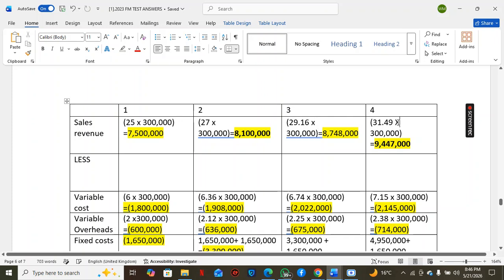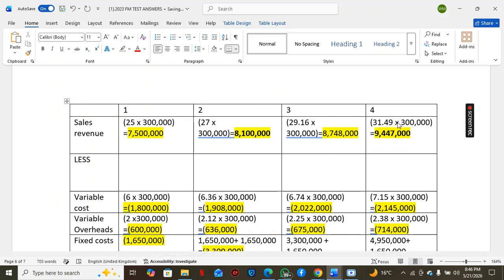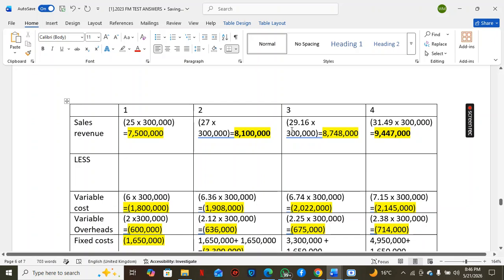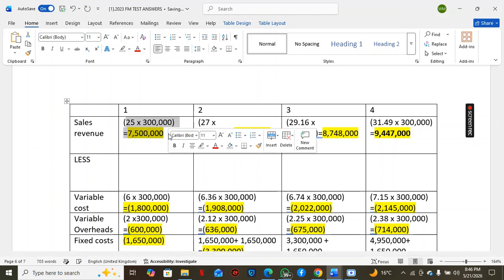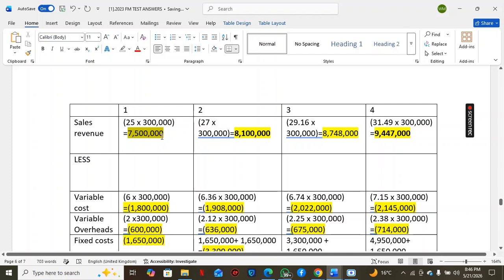Is that okay, sir? Yes. So year one, 25 kwacha per unit. We're selling 300,000 units. So sales revenue, 7,500,000. Let me just do year one so that you know what happens in year two, year three, and year four.